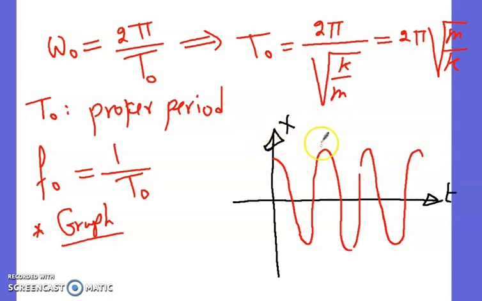So here is the period from maximum to maximum. This is T0. We have to erase this part because the amplitude is constant.